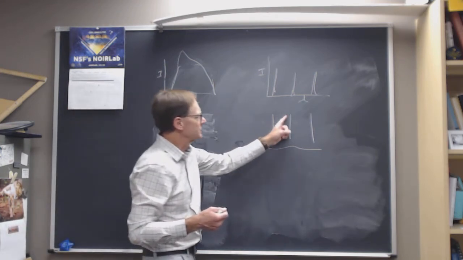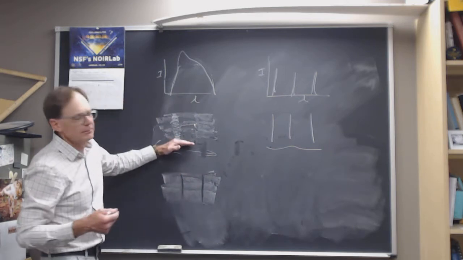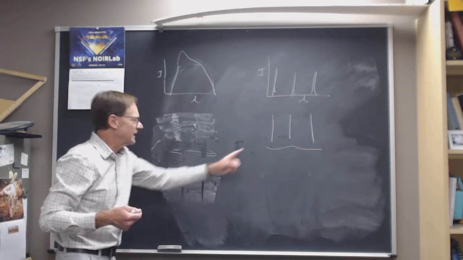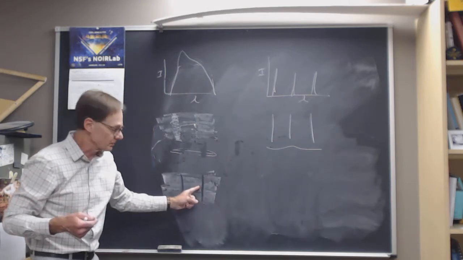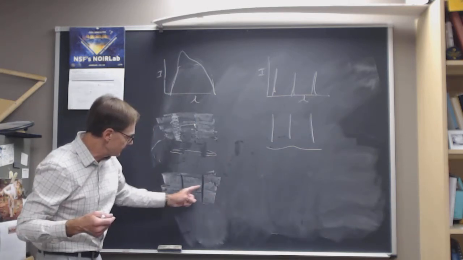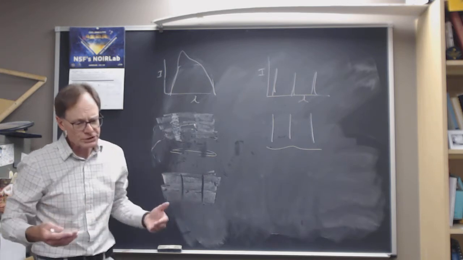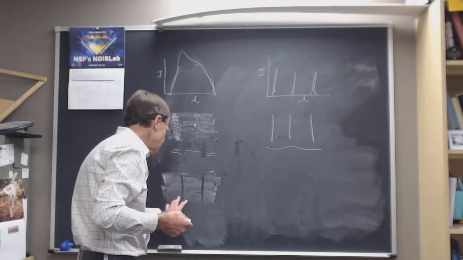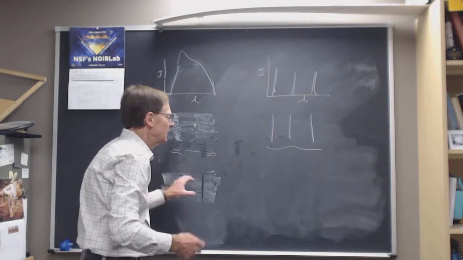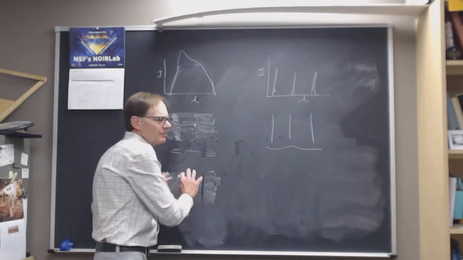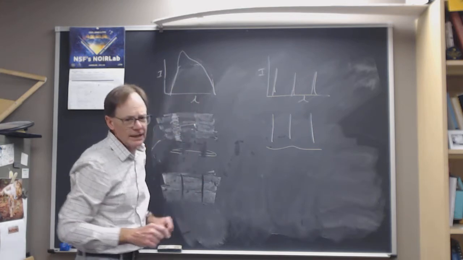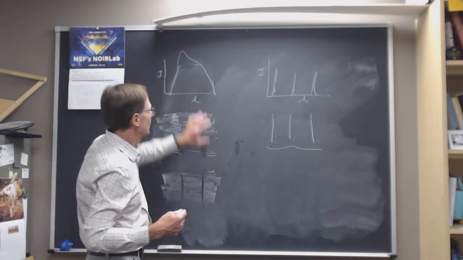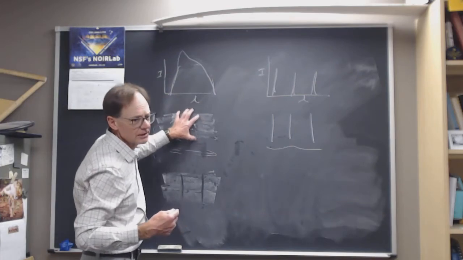If we look at a tenuous gas backlit by a dense object, we have the continuous background, and then we see these lines in absorption. We get these absorption lines right here. So this is a tenuous gas that we're observing, but we have a dense object behind it.